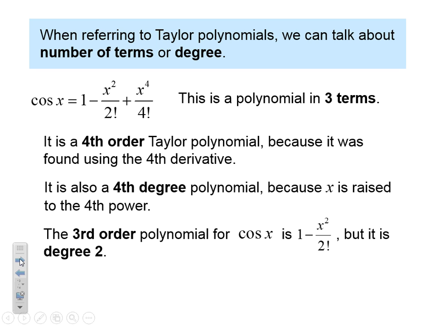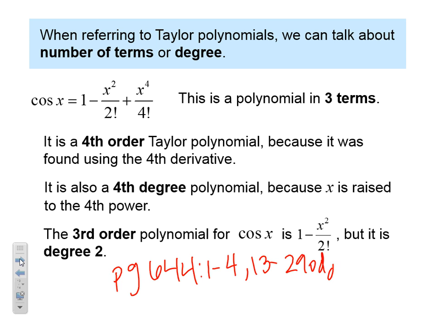Okay, so your homework, and then I'll tell you about why 0 factorial is 1. Page 644, 1 through 4, 13 to 29 odd, and 41. I don't think I gave you an overwhelming amount of problems.